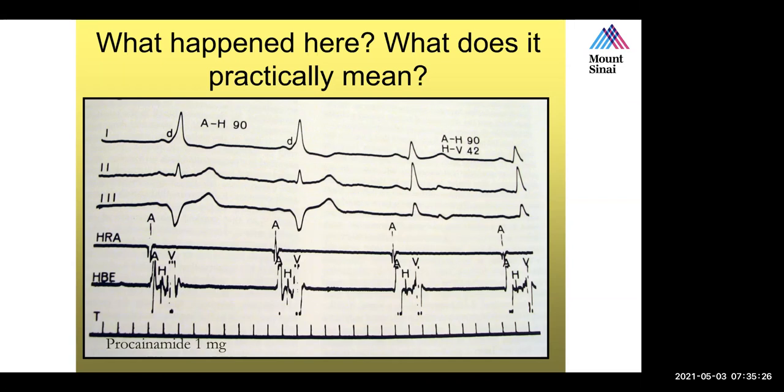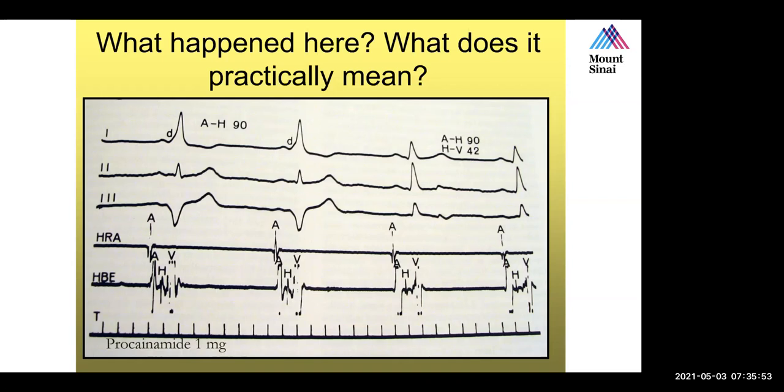Let's see here. The first deflection that I see is in our high right atrium in the first beat. And then I see our His catheter and I see our AHV all very close together. We see that our AH interval on the top there is labeled for us as 90.